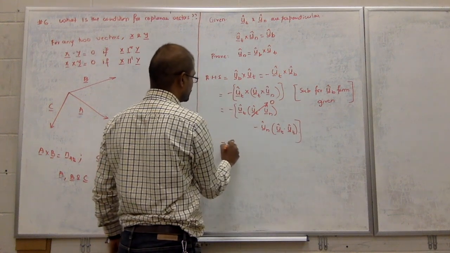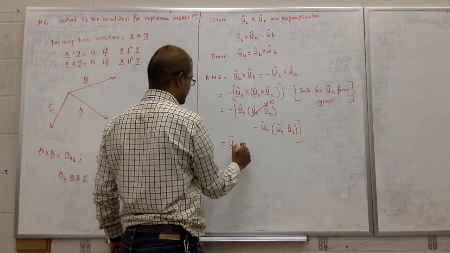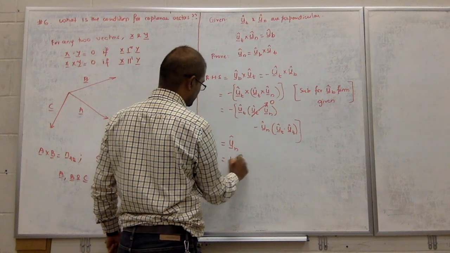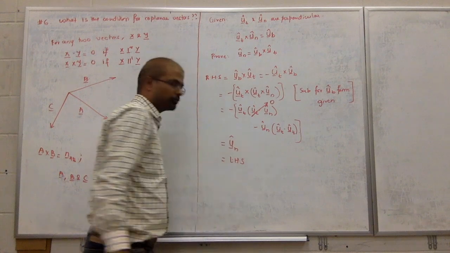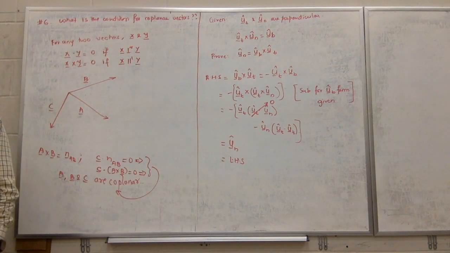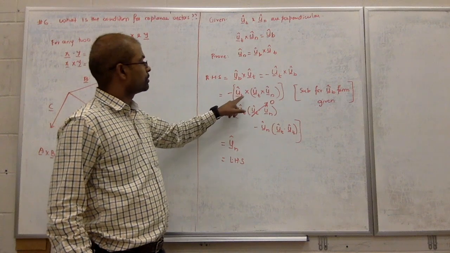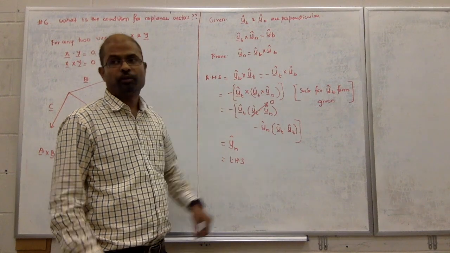If you solve for this, this will be the right hand side, this is the left hand side. Why did you flip it to make it negative UT cross UB? Because I need to put it in back minus cab format.